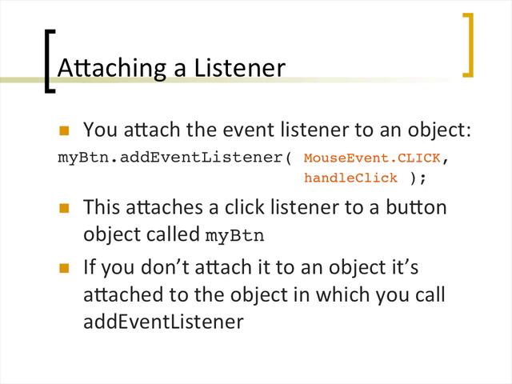So if you're inside your main function, for instance, which is inside your main class, and you just write addEventListener, then what it does is it adds that event listener to the main class, in other words, this inside your code. Now that becomes significant when we start to look at enterFrame, because often when you're using enterFrame, you don't bother adding it to anything specific, you just call addEventListener.